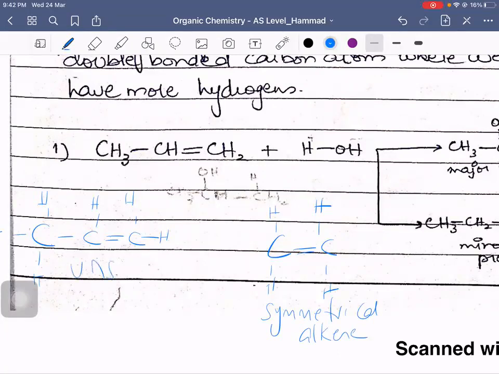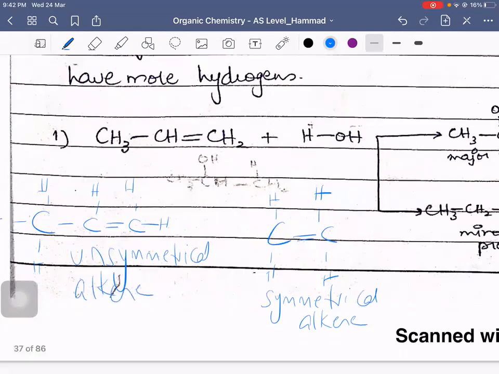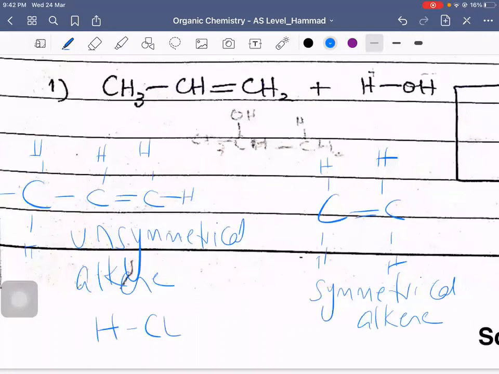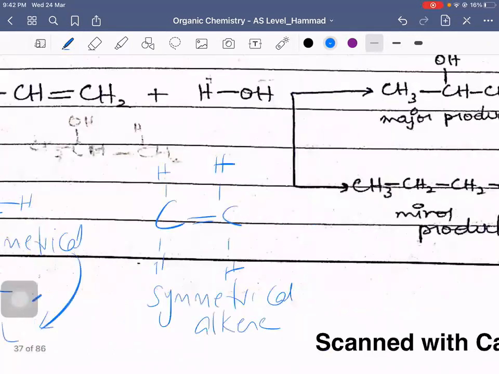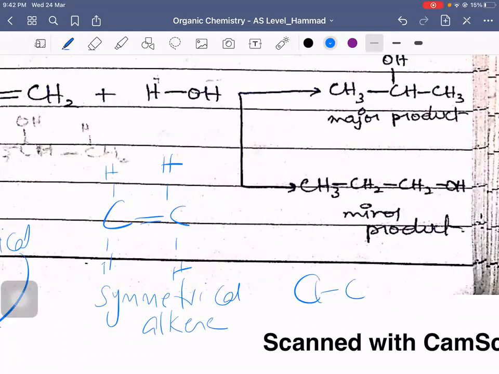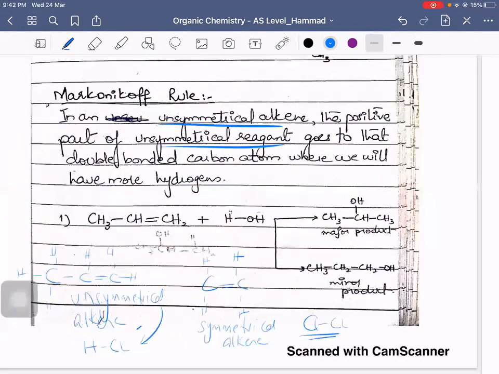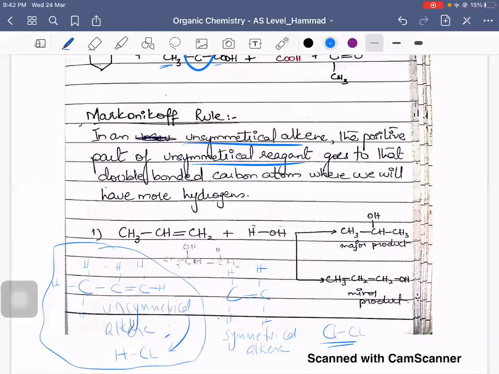This is an unsymmetrical one; the left hand side is not equal to the right hand side, so it is an unsymmetrical alkene. This is an unsymmetrical reagent. This is a symmetrical reagent. Markovnikov's rule is for unsymmetrical alkenes and unsymmetrical reagents.